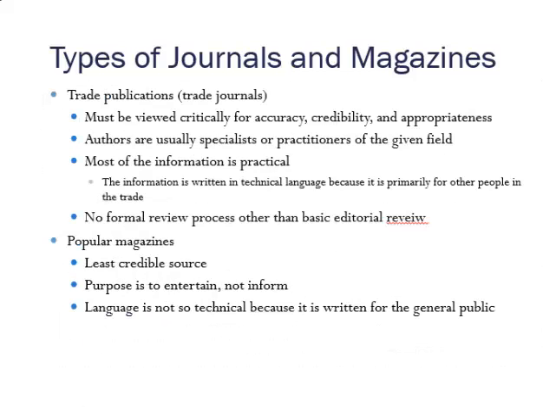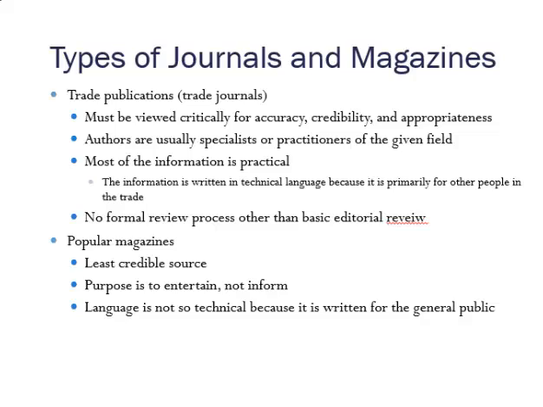Other types of sources include trade journals, trade publications, things like Popular Mechanics, and just things that are respected within their own industries. Maybe the New York Law Journal, the New England Journal of Medicine. These are all trade journals.